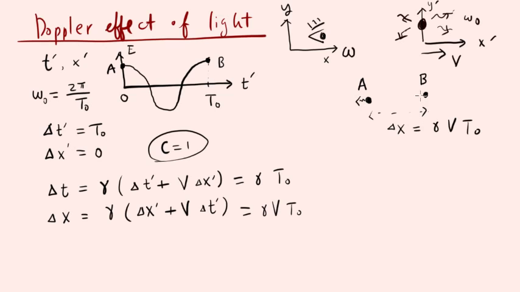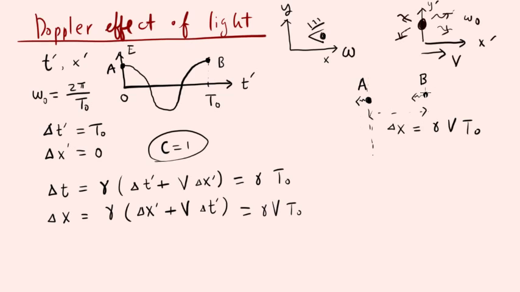So what that means is that, let's say for our convenience, that we are recording the light amplitude at this very position when the event A occurs.